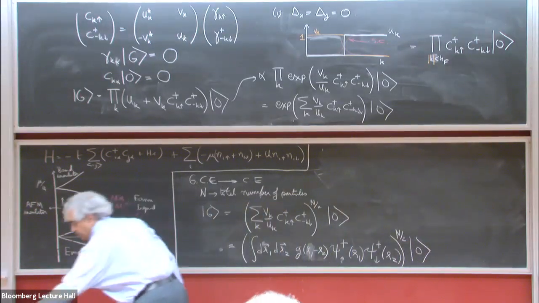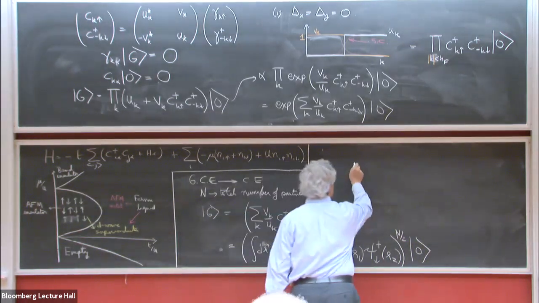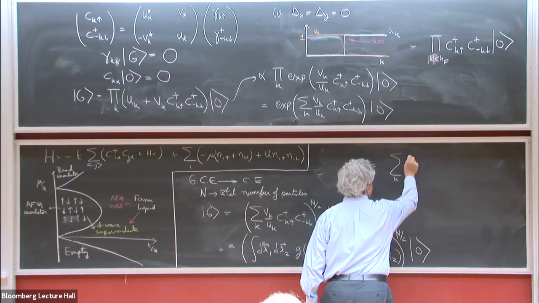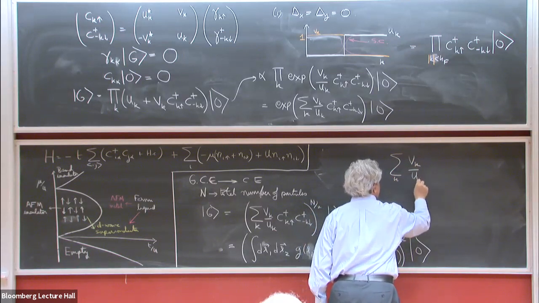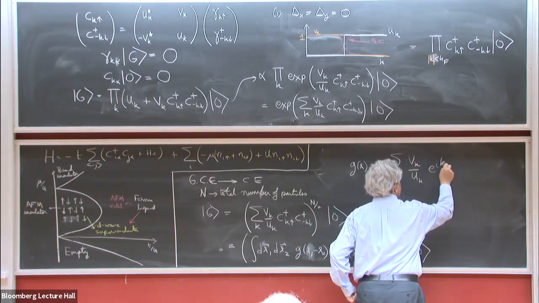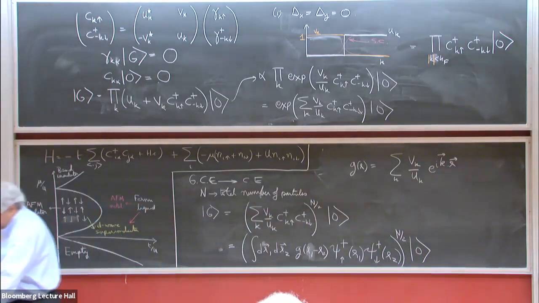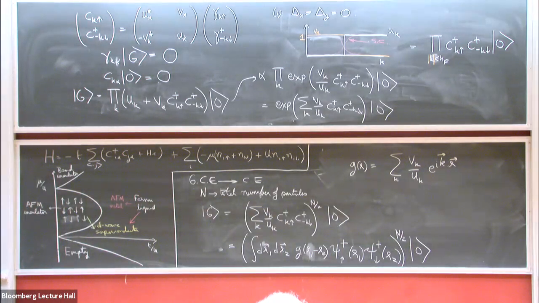So g of r is the sum over k of v_k over u_k, e to the i k dot r. And hopefully I even have the full expression for v_k over u_k somewhere.